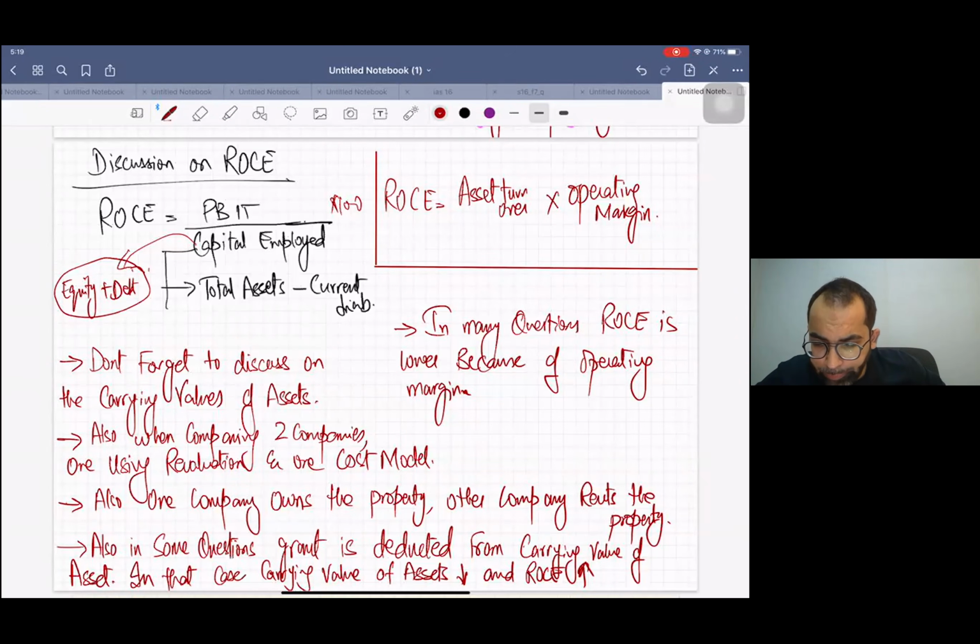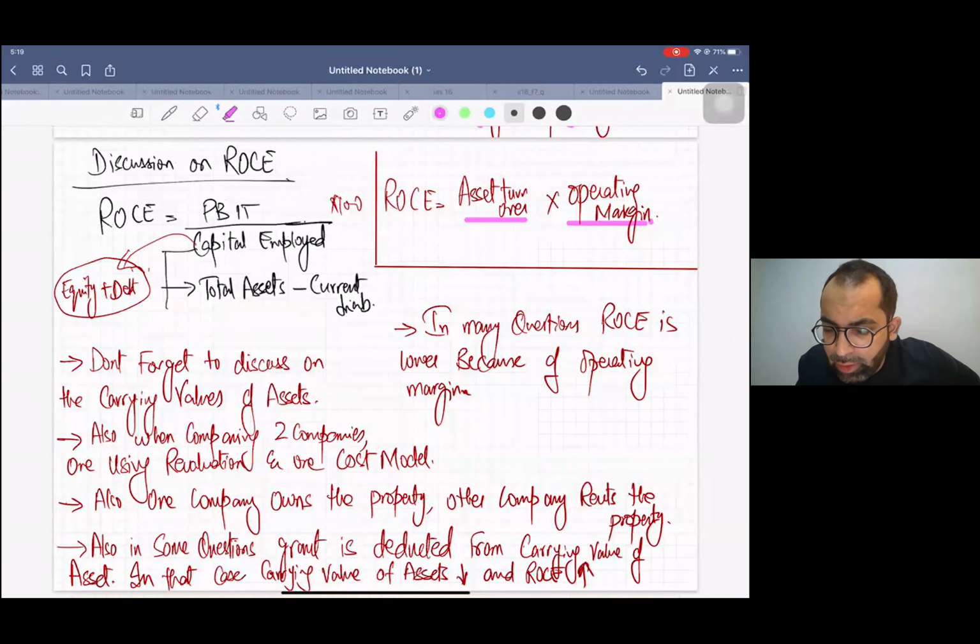Okay, now listen. You might have studied this relationship. Rocky, return on capital employed, is the product of asset turnover and operating margin. If you remember the formulas, I can prove it.